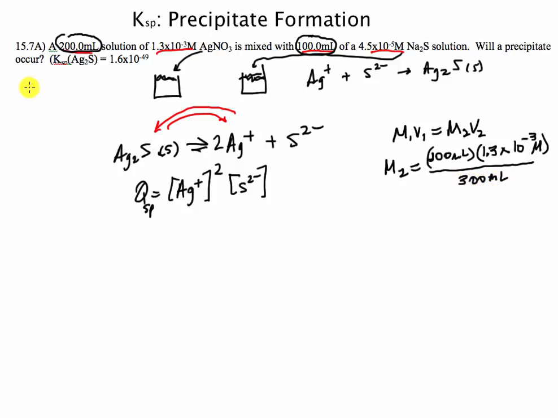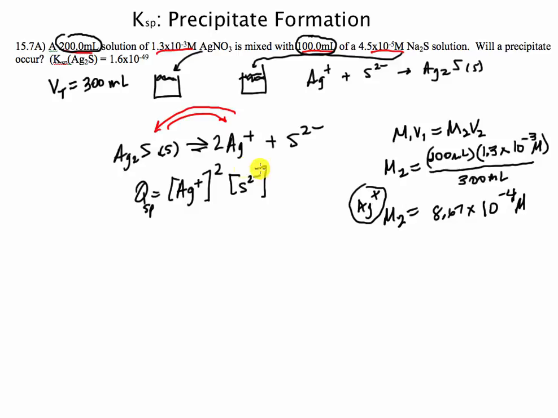Because my total volume is going to equal 300 milliliters. So I can calculate M2 for my silver ions, and I end up with a concentration of 8.67 times 10 to the minus 4 molar. So that's the concentration of the silver ions.